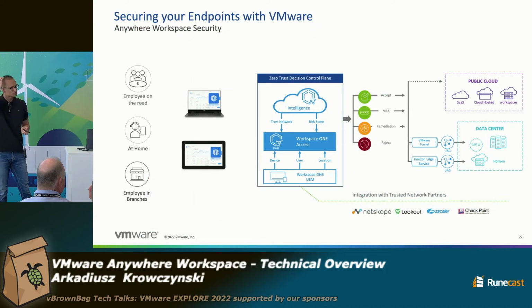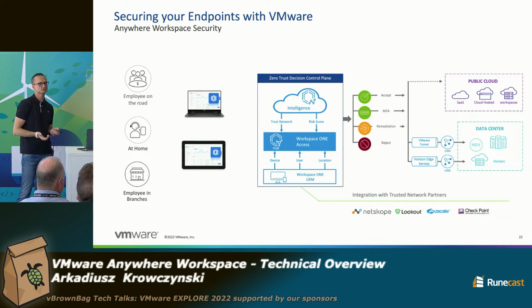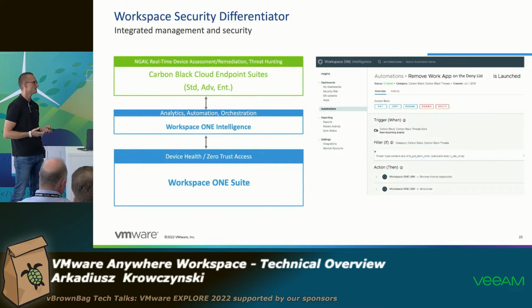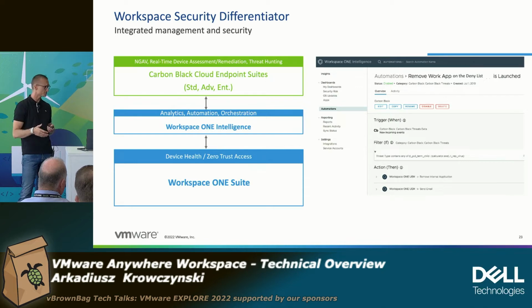Within Carbon Black and the Trust Partner Network, we have an option to do a very deep integration when it comes to Carbon Black and Intelligence. That means we can configure different automations if an event occurs. If the device gets infected, we can configure automation dashboards to isolate the device, remove the profiles, wait until the device is cleaned up, and then get employees back to work.